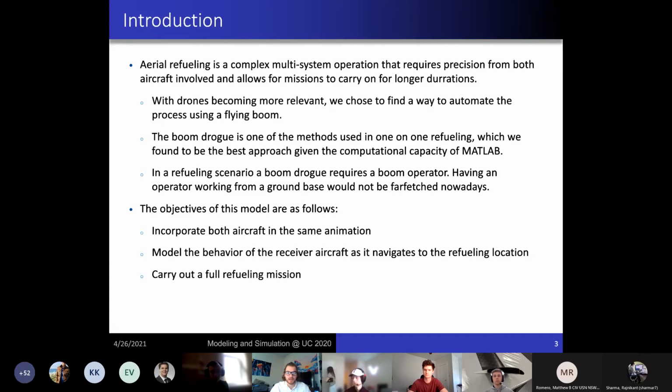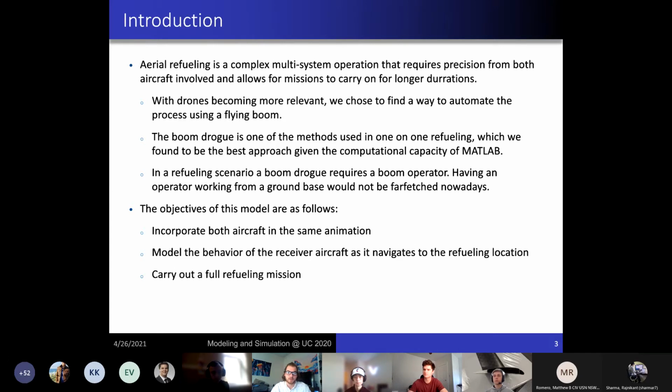It's really helpful for allowing missions to carry on for longer durations, so planes don't have to land to refuel. With drones coming more and more into the Navy and Air Force, we figured that we could automate this process and make it more of a computer thing than a pilot-operated system.